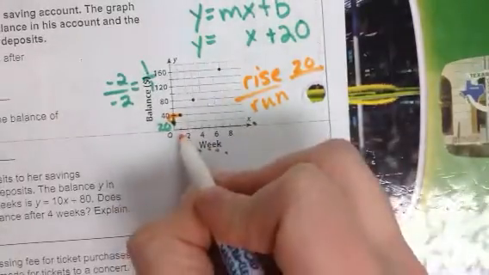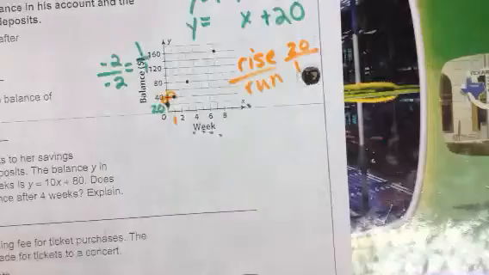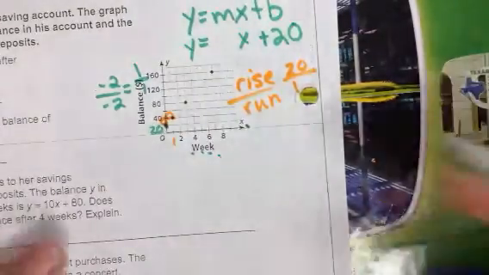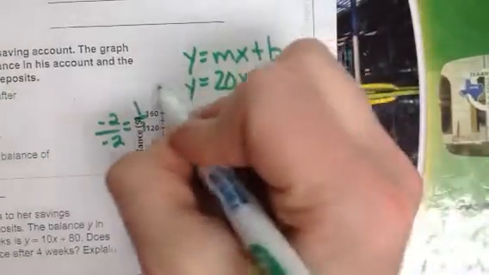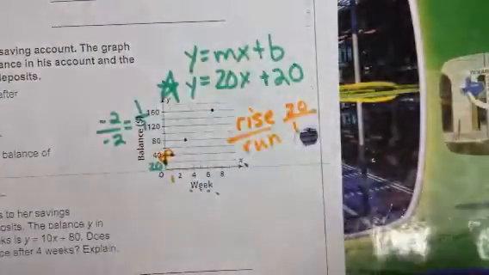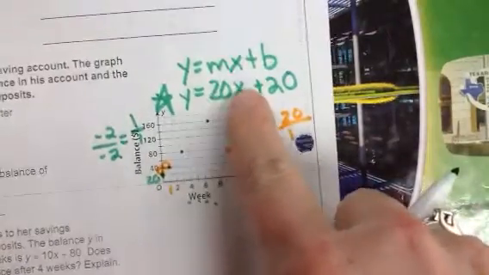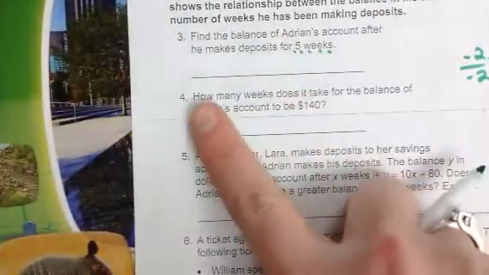The x-axis is counting by 1s. So 20 divided by 1 gives me the slope of 20. So now with this equation, you can go and plug in the 5 weeks for the x. 20 times 5 plus 20 would get you the answer to number 3.